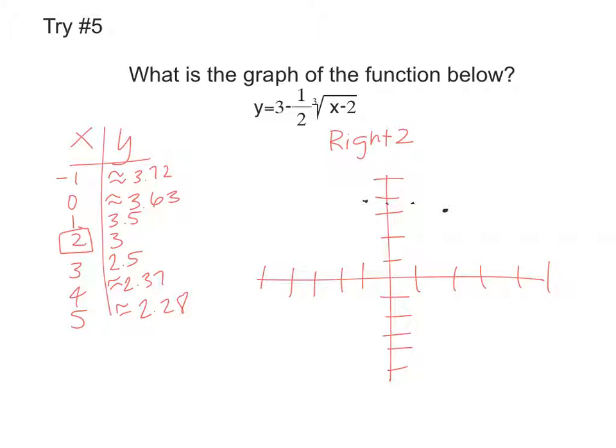It's a really bad graph. 3 is 2.5. 4 is 2.37. And 5 is 2.28. So again, this is really our center. And it's just kind of going like this.